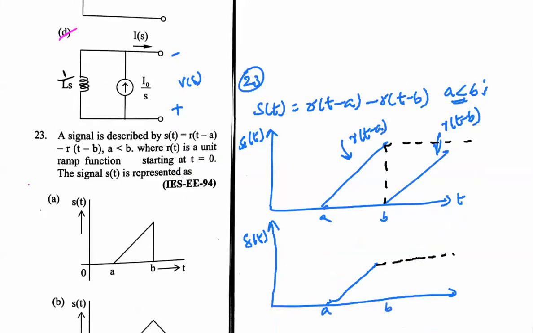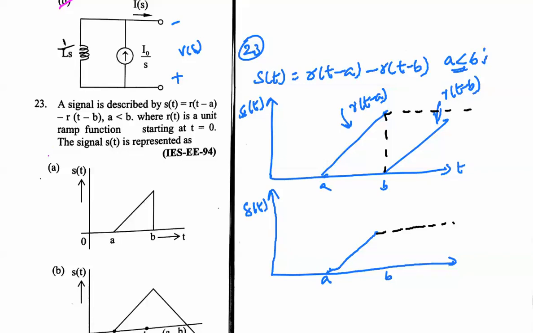Next, a signal is described with S of t is equal to R of t minus A minus R of t minus B, A is less than B, where R of t is a unit ramp function starting at t is equal to 0. The signal represented here: S of t is equal to R of t minus A minus R of t minus B. First I am starting the signal at A, so t minus A is nothing but delayed.